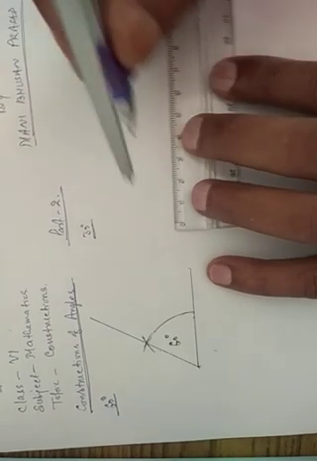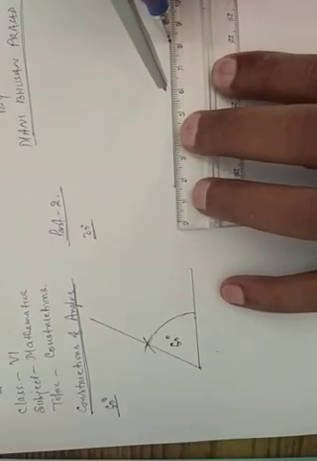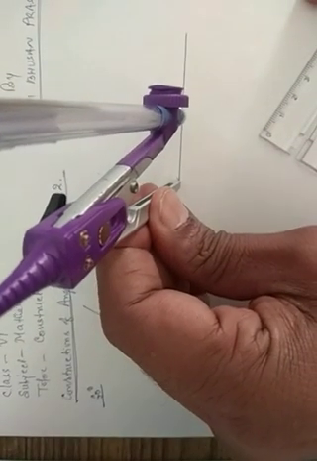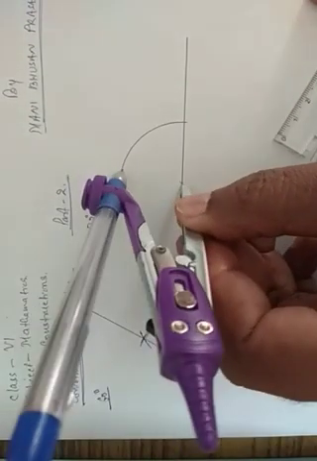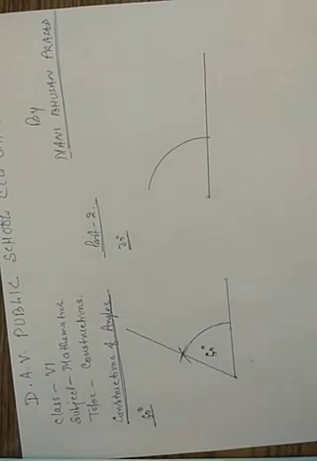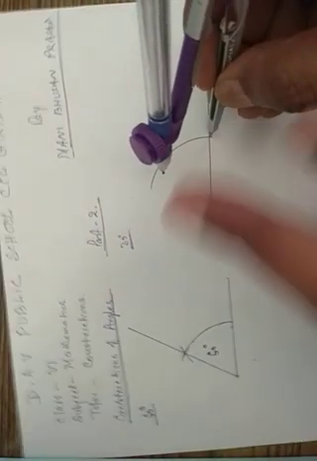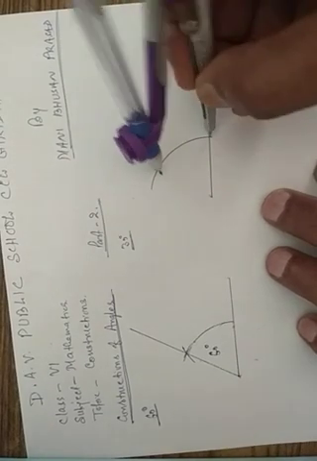For this purpose, once again we have drawn this line. Now here we will draw this arc. Follow? And then from this point we will cut the same. Don't change this arc. So this is how much? Tell me.